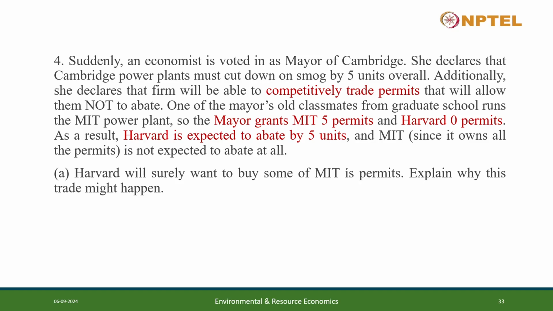Since the marginal abatement cost of the MIT plant is lower than the Harvard plant, the Harvard plant will buy 5 permits from the MIT plant, and the MIT plant will abate 5 units of pollution, though it has 5 permits initially. So this is how the tradable permit system works.